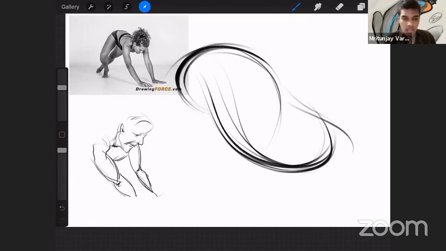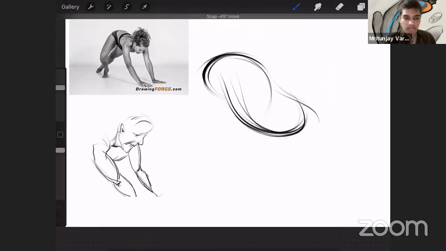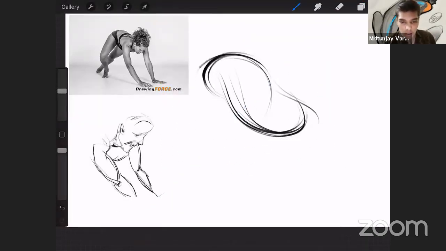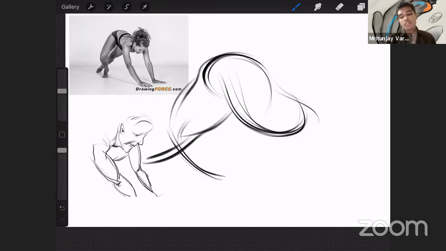I'll make it shorter. And you can see I will just put my main ideas down really, really quickly using my curiousness. And I would say that the leg is going deep down into the space.